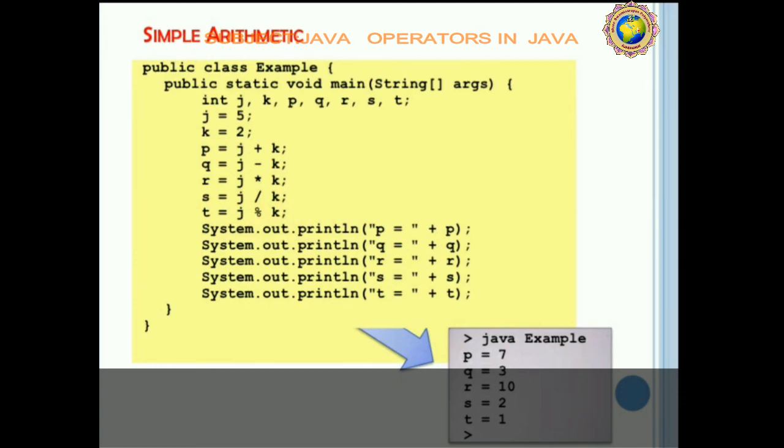So 5 plus 2 is 7. 5 minus 2 is 3. 5 into 2 is 10. 5 divided by 2, 2 twos are 4, so the value of division is 2. And 5 modulo 2 gives the remainder, that is 1. 2 twos are 4, remainder 1.